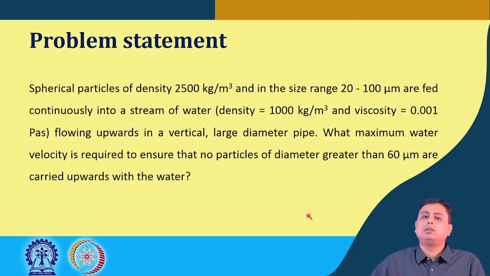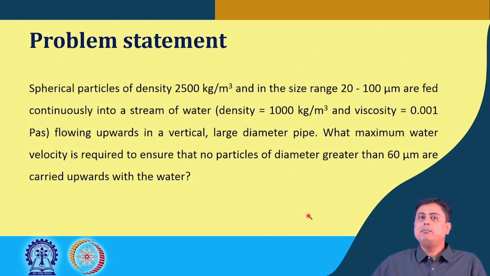If you remember one of the problems that we have solved earlier, containing a two particle mixture A and B of the same size range but having different density, and the water stream was flowing upward, we had seen this concept. This is a much more simplified problem. The question is: spherical particle, density known, size range known, continuously fed into a stream of water flowing upward in a large diameter pipe.